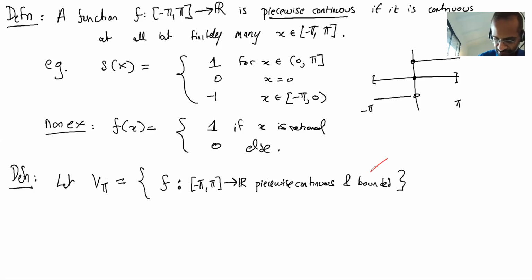Okay, it doesn't mean anything fancy. It doesn't go to infinity anywhere on the interval. Now that is a vector space. If you take two functions like that and add them, you get something else that's piecewise continuous and bounded. And if you scalar multiply it, that's still preserved. And now we'll define an inner product on this. The inner product will be the same as the one before, except for minus pi to pi.